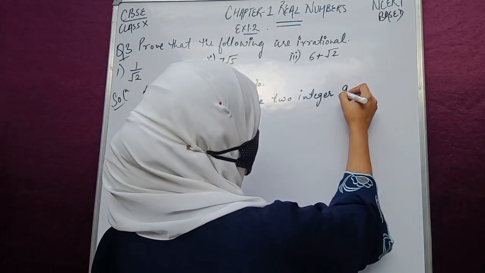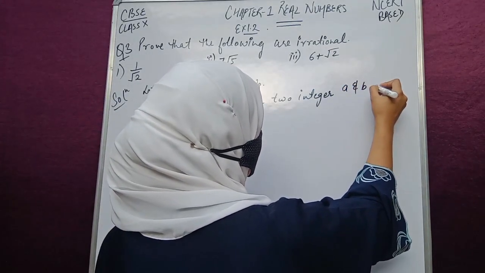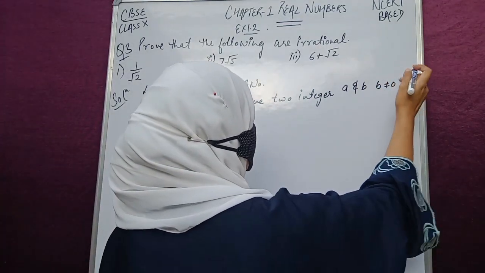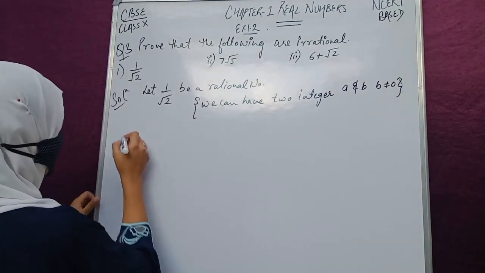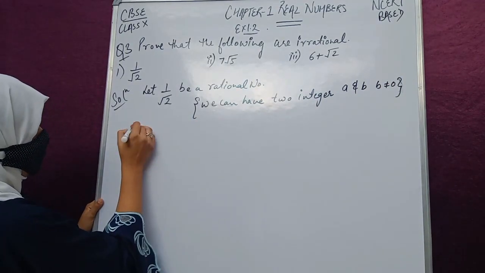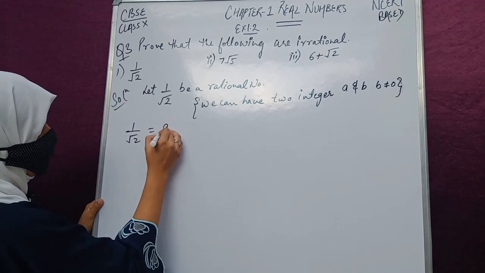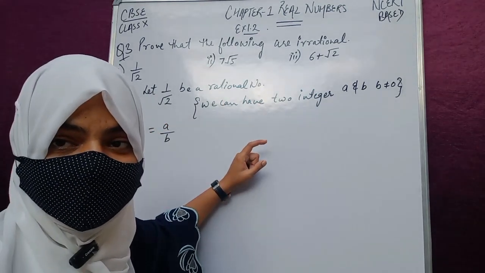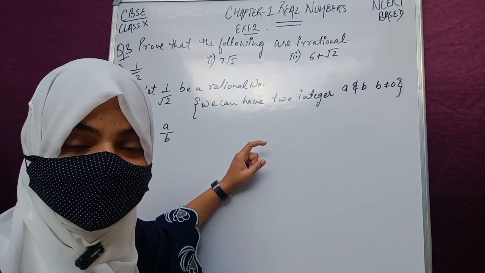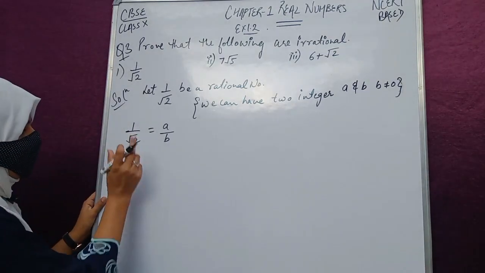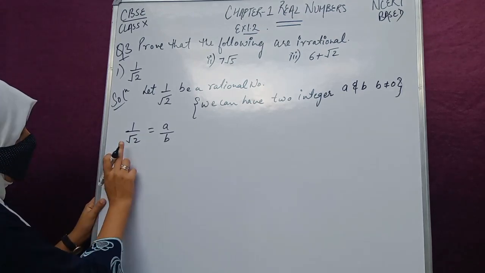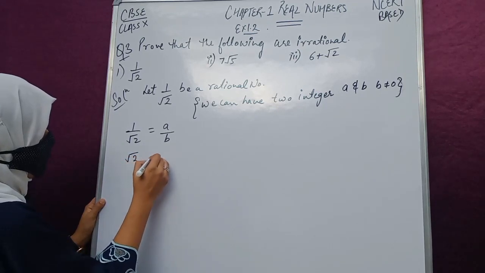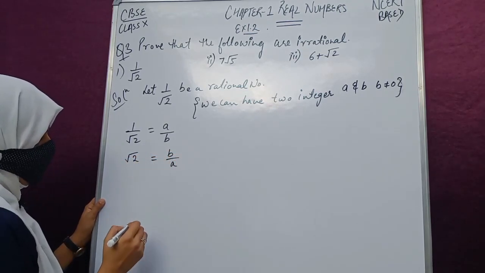I'm taking a upon b, with a and b not equal to 0. You can take whatever you like. So I'll put 1 upon root 2 equal to 1 upon a upon b. As I said, it is a rational number because I assumed that it's a rational number. Now I'll make root 2 the subject, and it will become b upon a.